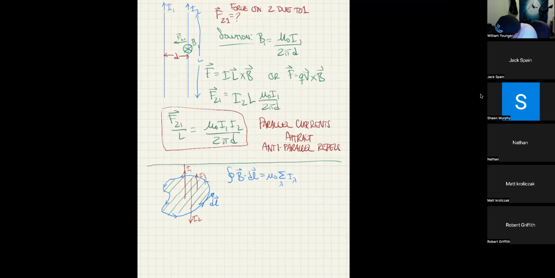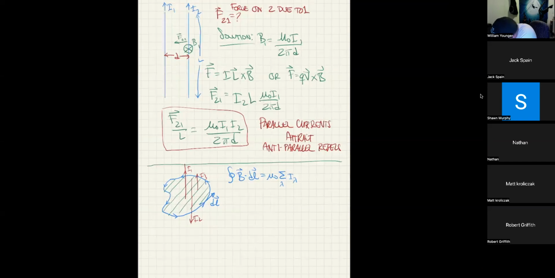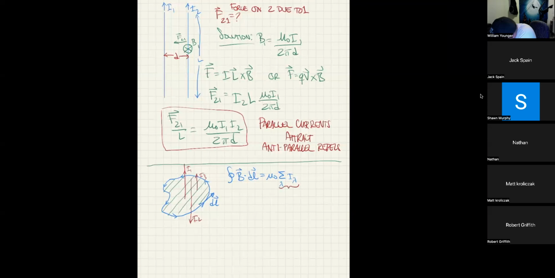So this summation would end up being I1 plus I3 minus I2, because I2 is actually pointing in a left-handed direction. Does that make sense? Everybody see how that's the opposite direction?